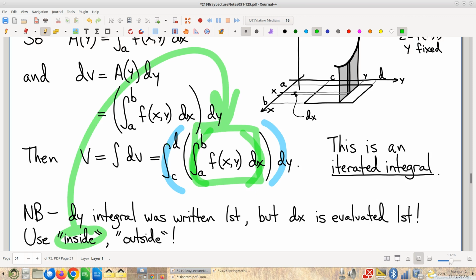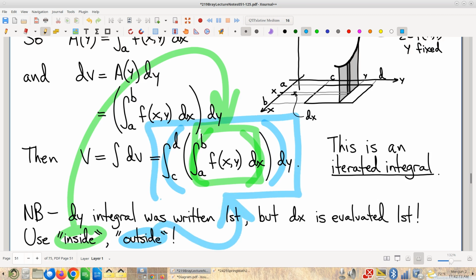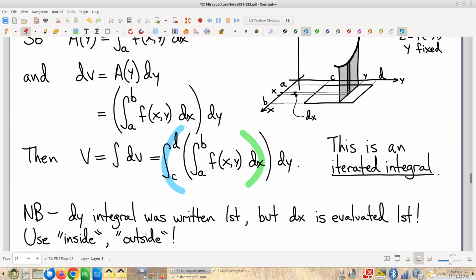That's pretty unambiguous, right? And then likewise, the dy in this case is the outside integral. So I think that makes sense. Anyway, suit yourself. But that's unambiguous. First and second is ambiguous, and we don't know what you mean if you say first or second.